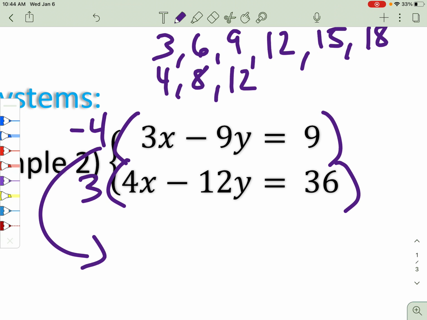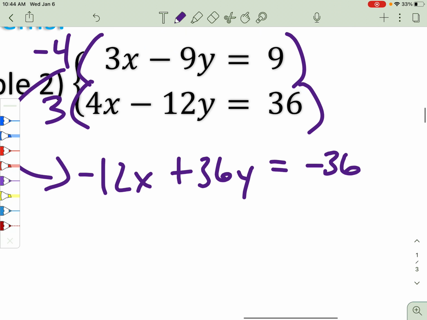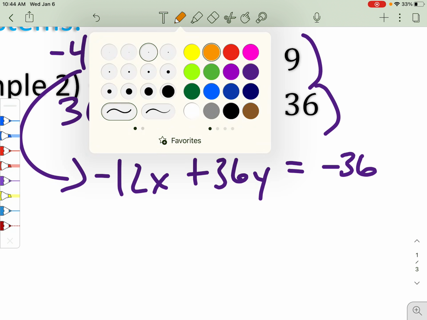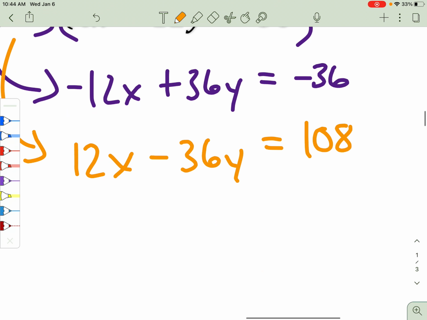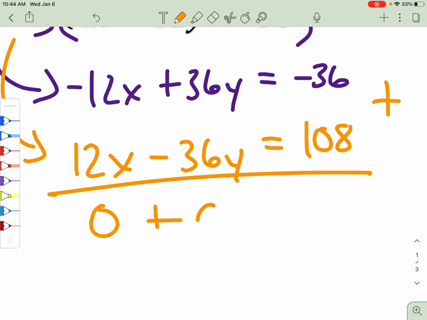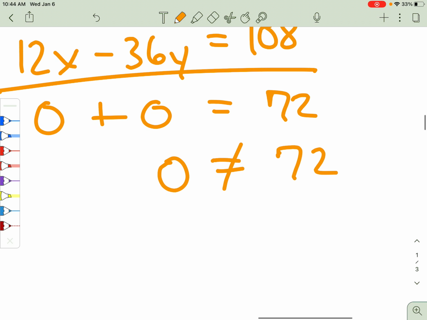So I'm going to rewrite these below. Okay, and then I'm going to add them together. So 0 plus 0 equals 72. So when does 0 equal 72? It does not. So this is no solutions.